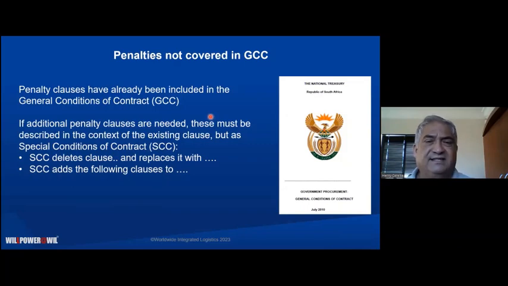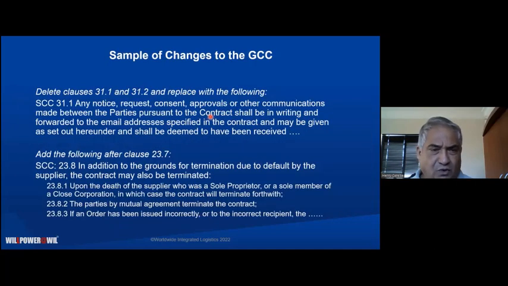And so these are some examples of standard or special condition of contract clauses that you can introduce into your specification document. You will have the general conditions of contract as standard, but you would then introduce special condition of contract clauses. For example, it could be a delete clause. You can say delete clause 31.1 and 31.2 and replace with the following clause, and then you would denote it as special condition of contract clause 31.1.